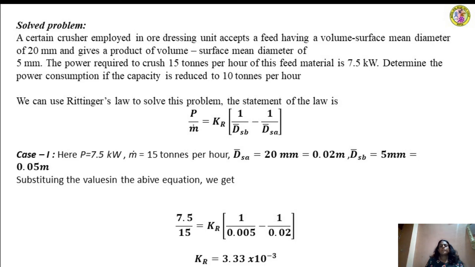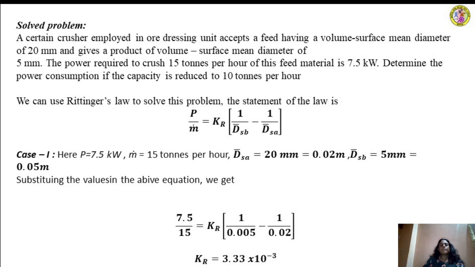The power required for 15 tons per hour of this feed material is 7.5 kilowatts. Determine the power consumption if the capacity is reduced to 10 tons per hour. So here in the question, the initial size of the material, that is feed size, and the product size, both are given.